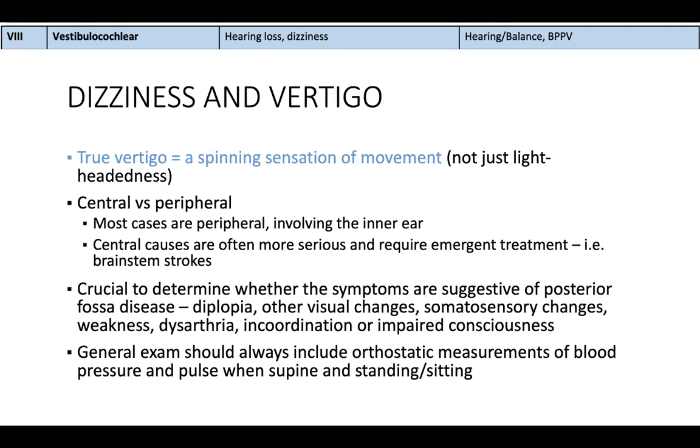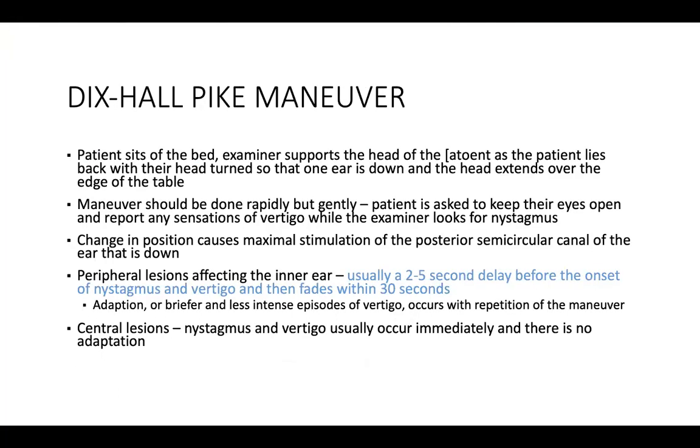Okay, dizziness and vertigo also involve cranial nerve 8. True vertigo is like the room is spinning, not lightheadedness or feeling like you'll pass out, and you already tested over dizziness and vertigo. Just remember it's cranial nerve 8. Here's the Dix-Hallpike maneuver. It's a great maneuver.